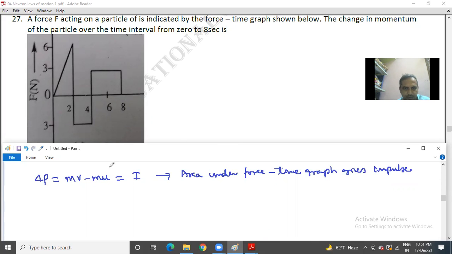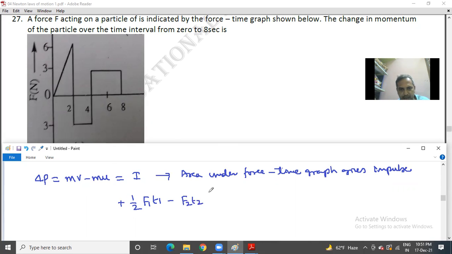So now here there are 3 portions. First portion is like a right angle triangle. So therefore half F1 T1. So it is positive only. Now this has taken place in the negative y direction. So therefore it is like a rectangle. So its area is F2 T2.